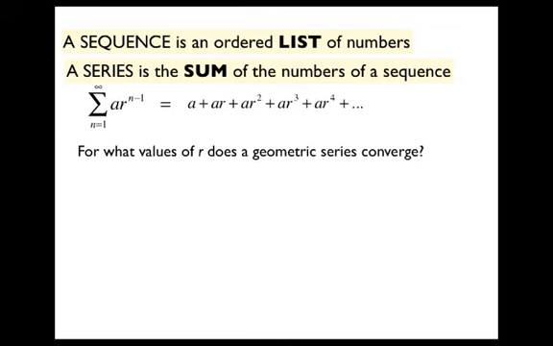So let's find out. This is what we're going to do. We're going to take the series, the original one, a r to the n minus 1, and we're going to look at another series, which is r times that.